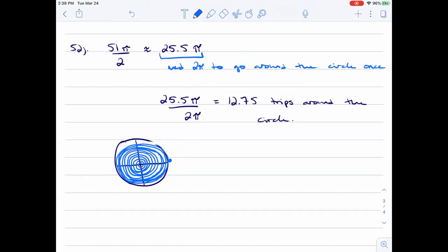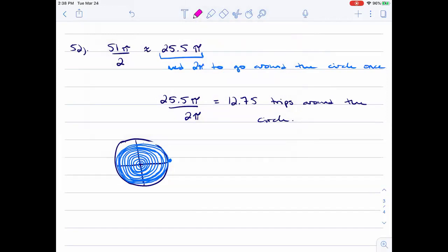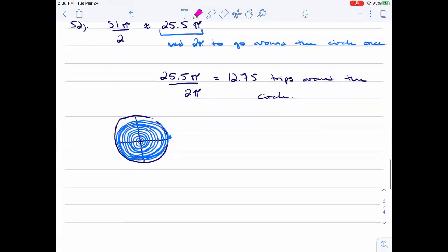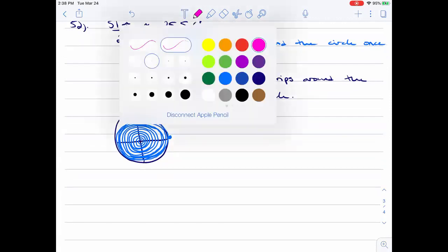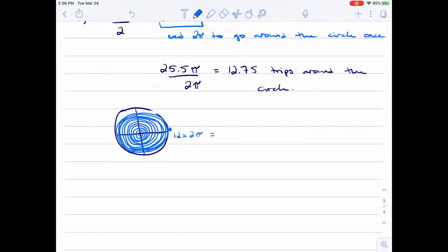So that's the 12 trips around, and then I need another 0.75. If I take away 12 trips, 12 times 2 pi, that's the distance that I've traveled here, which is going to be 24 pi.